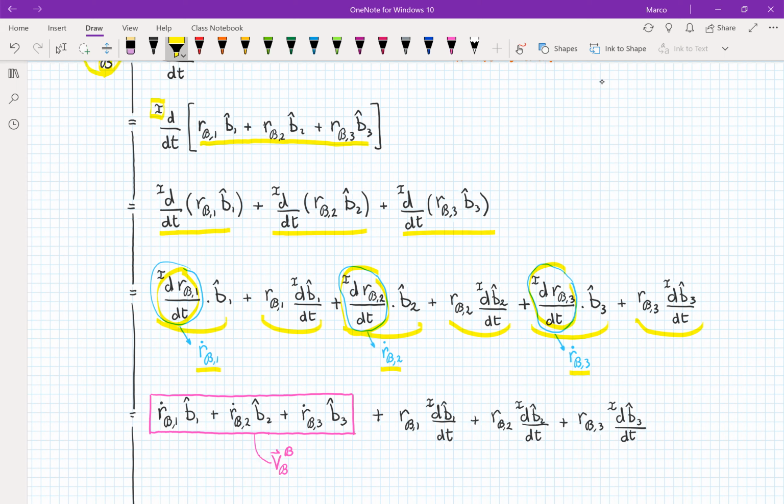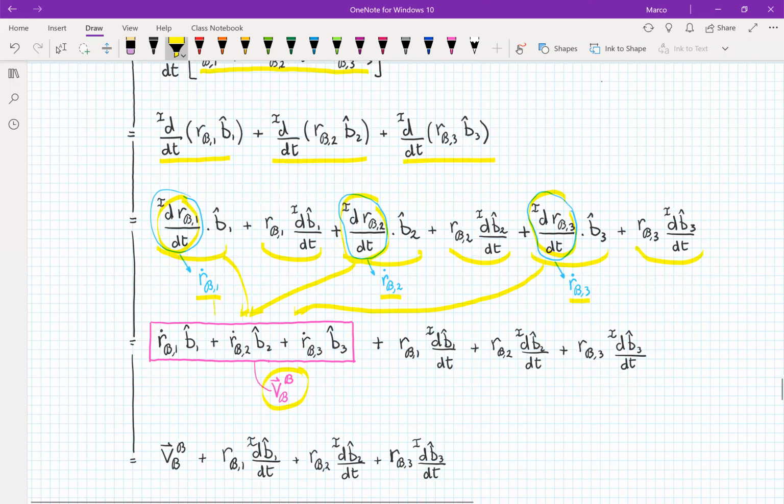So these are the rate of change of the coordinates of the position vector in the body frame of reference. And so if we take these first, second, and third components, we recognize that we've just written the non-inertial velocity in the body reference frame coordinates.